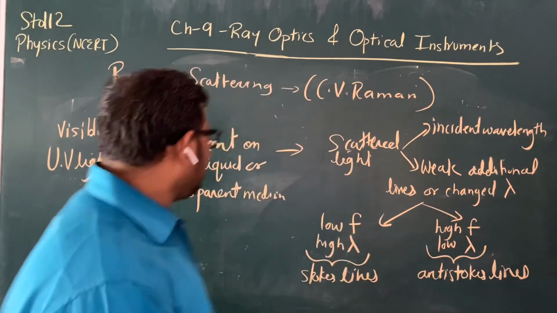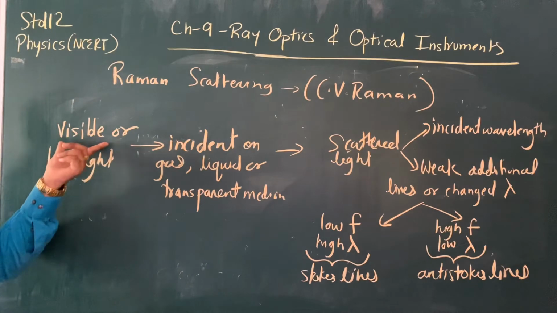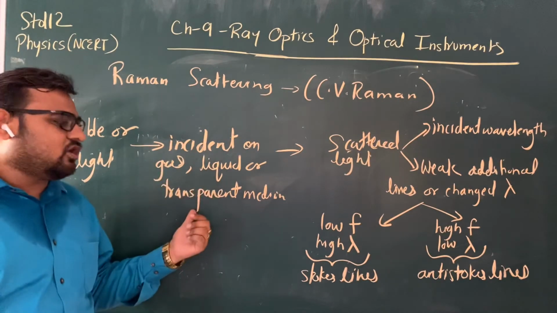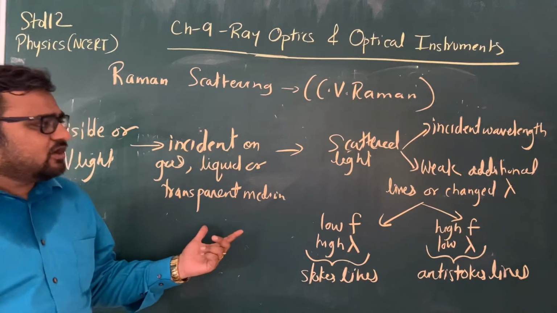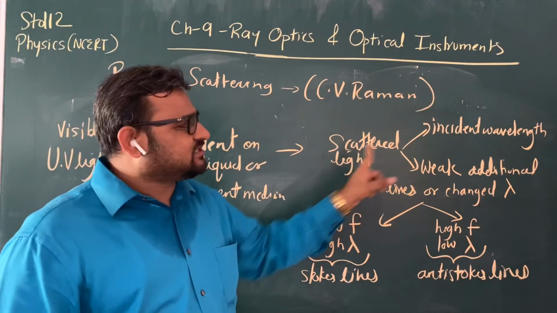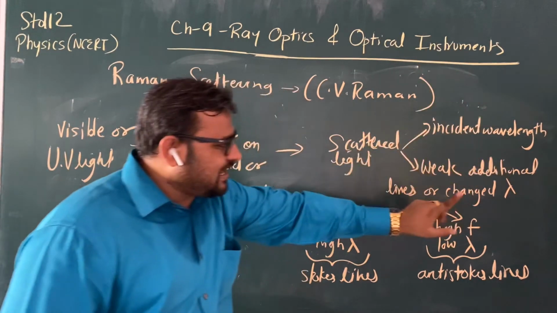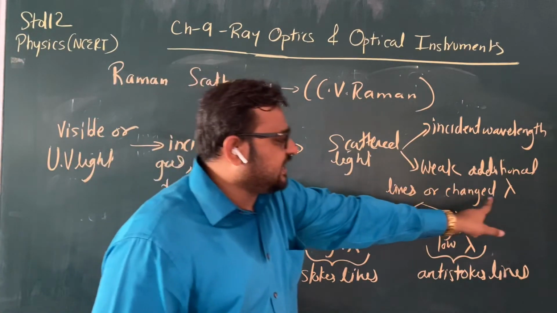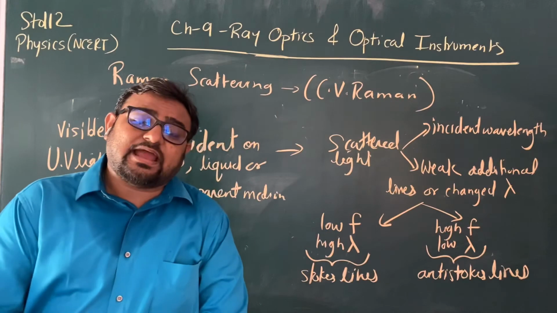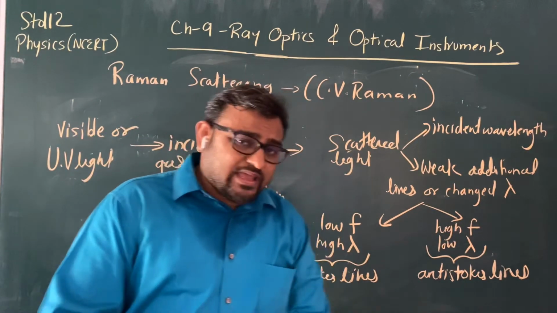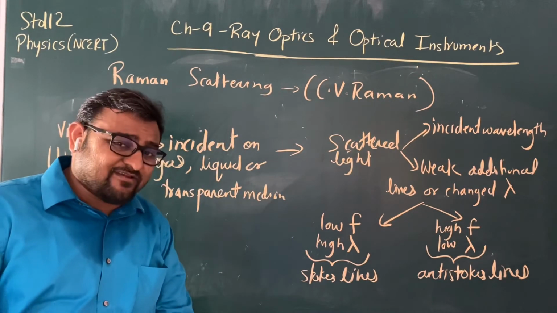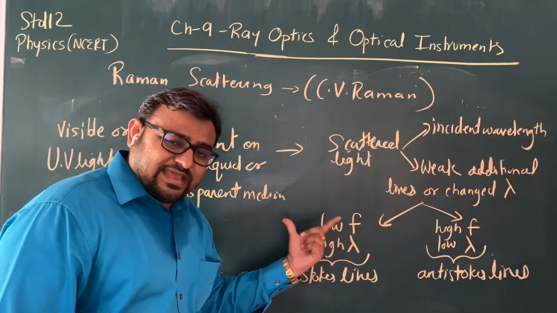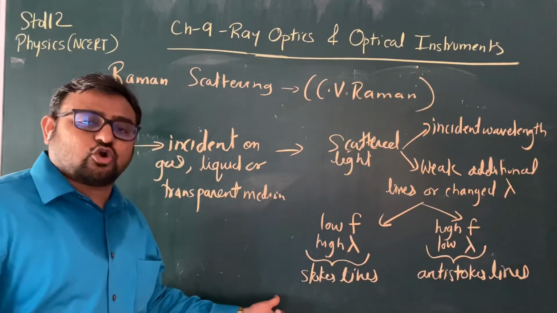So this is about inelastic scattering. See, whenever visible or UV light is incident on a gas, liquid or transparent medium, then the scattered light consists of the incident wavelength as well as weak additional lines of changed wavelength, right? If the wavelength of the scattered light is higher or of lower frequency, then those are called Stokes lines.